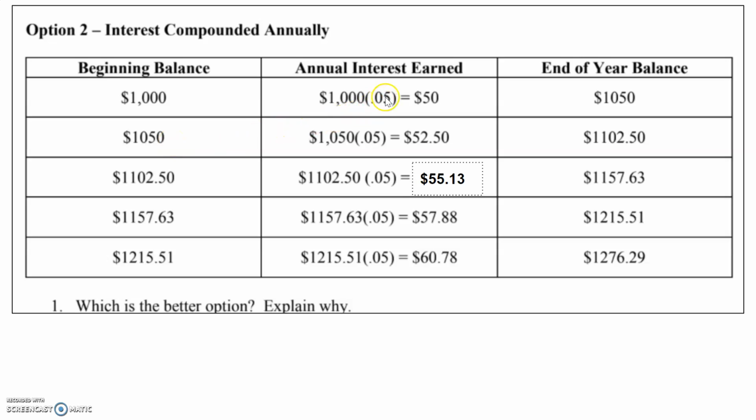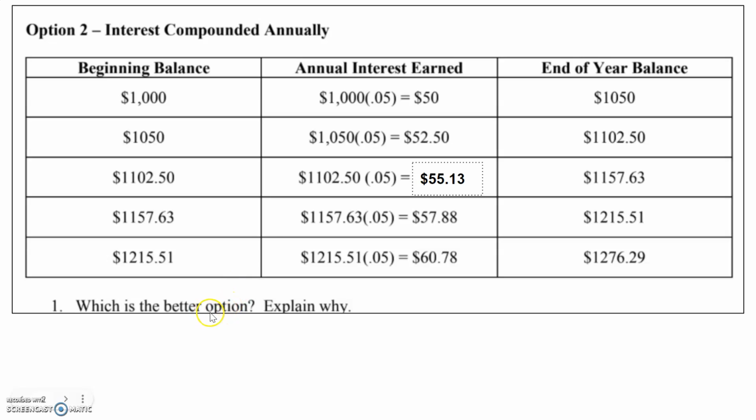And so my 5% interest is not being applied to the initial $1,000 in year two. It's being applied to that initial $1,000 plus the interest from the year before. So now I have a 5% that's being paid on $1,050. And that pattern continues. So this is called compounding interest, when I earn interest on my interest.